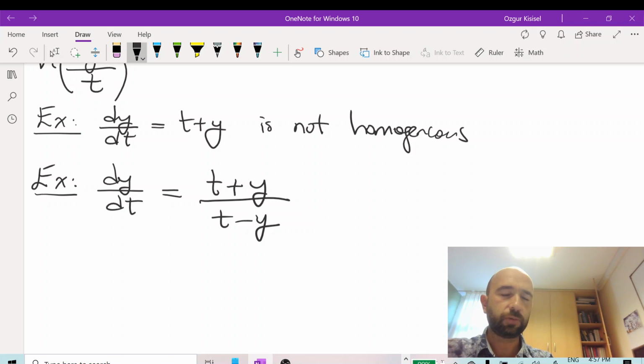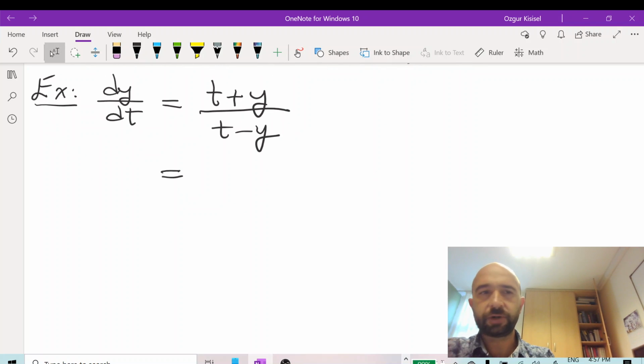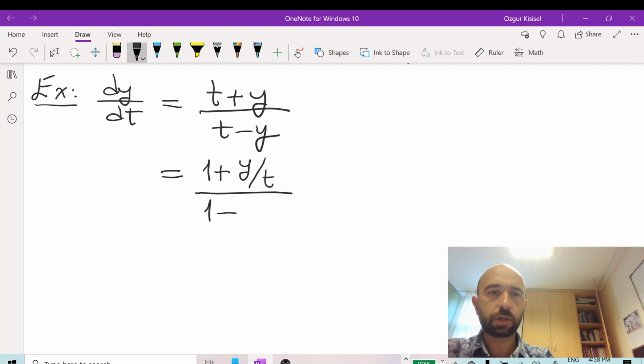You might say, okay, in which sense is it of the form h of y over t? Well, you can rewrite it. You can divide both the numerator and the denominator by t, and it's the same thing. 1 plus y over t over 1 minus y over t.